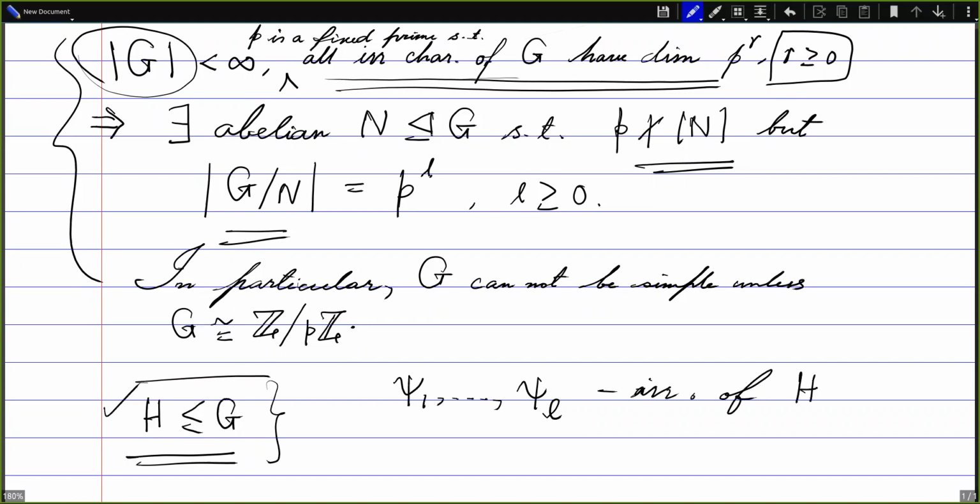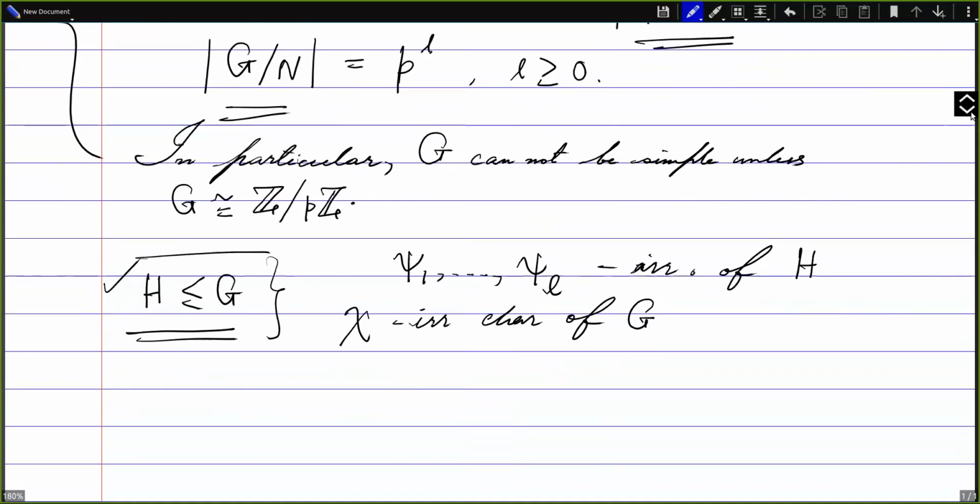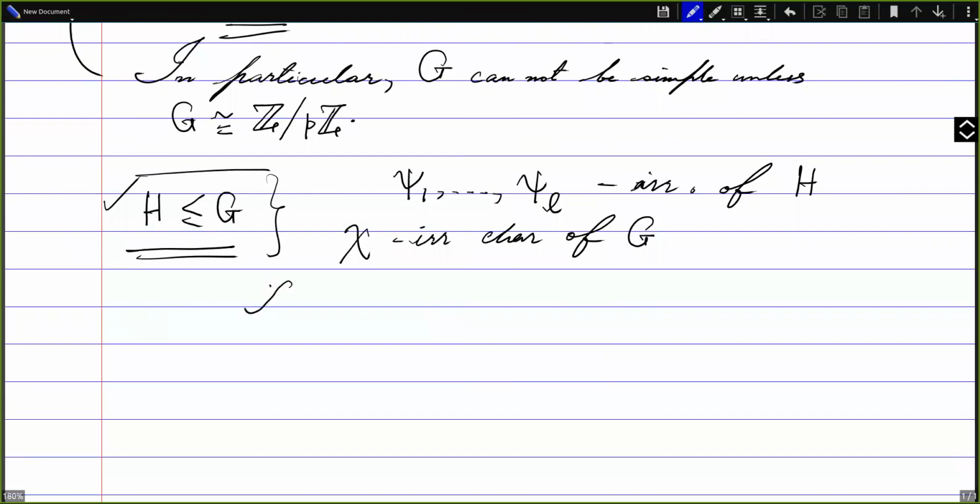Then for any irreducible character chi of G, we can write the restriction of chi as a sum like this.